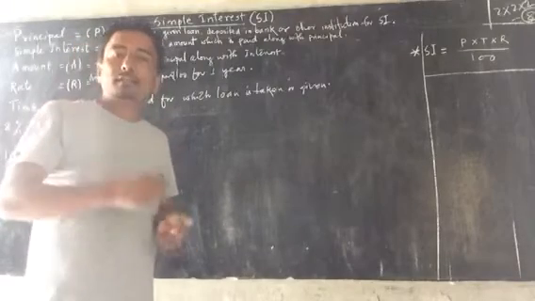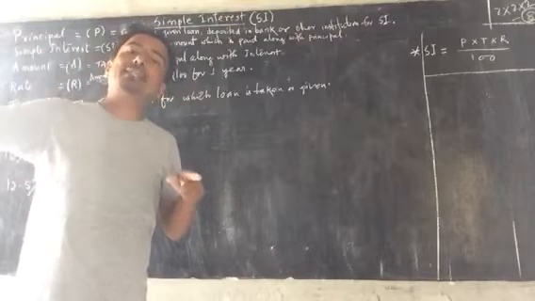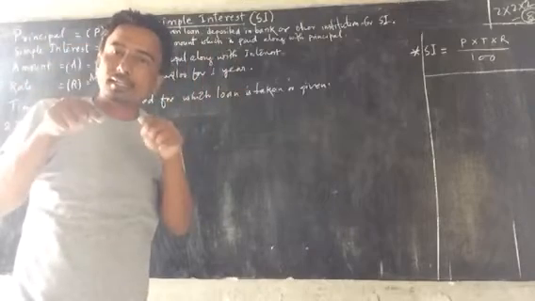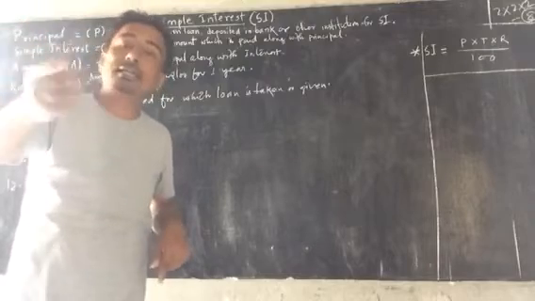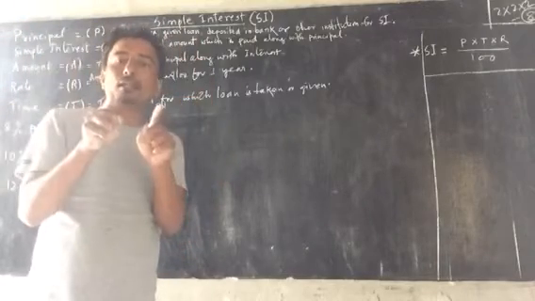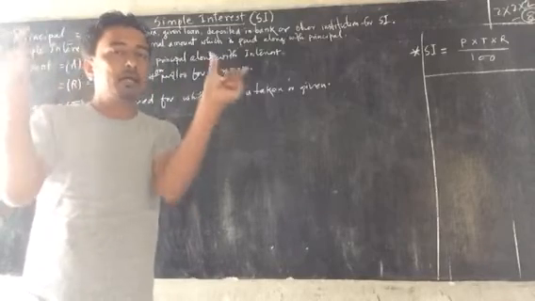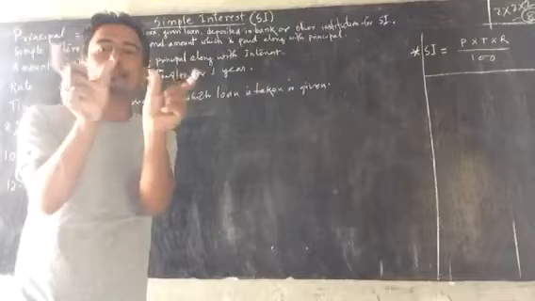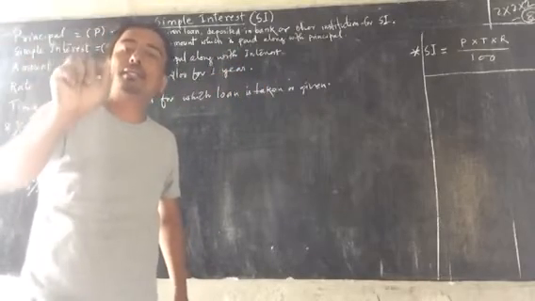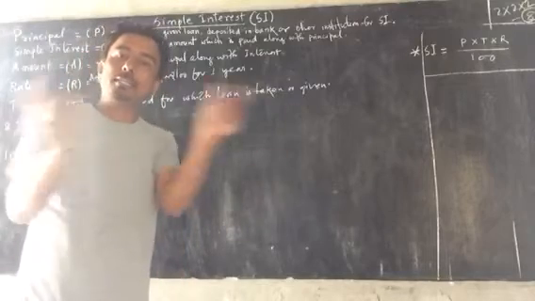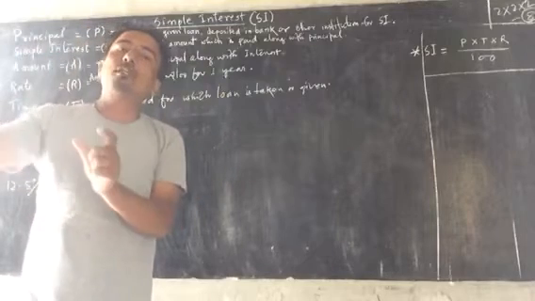After 1 year, I pay 500 plus 100 extra, total 600. That 600 is called the amount, 500 separately is called principal, and 100 separately is called simple interest. The amount means the sum of principal and the simple interest for the given period.